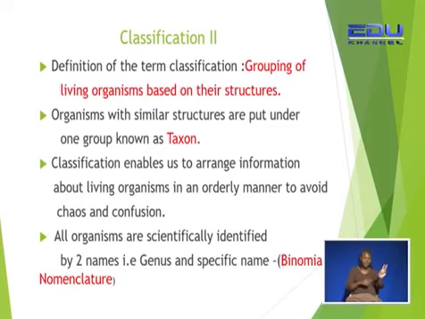That is why we have the 2 names, the genus and the specific name. And therefore, the definition of the term binomial nomenclature is the scientific double naming of living organisms using the genus and the specific name. So the 2 names give us the species of an organism.